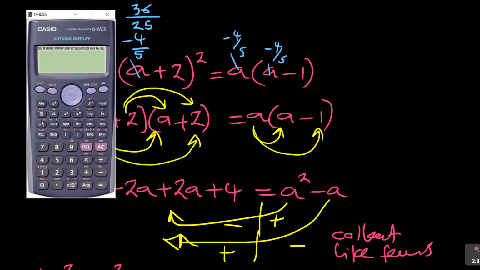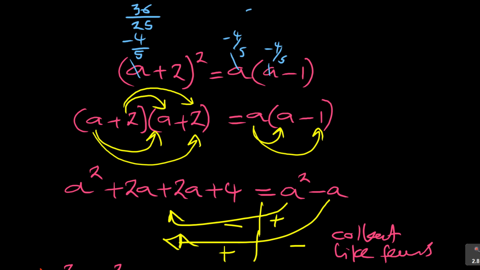So we have negative 4 over 5, and then here negative 4 over 5, and minus 1, equal to 36 over 25. There it is, 36 over 25.